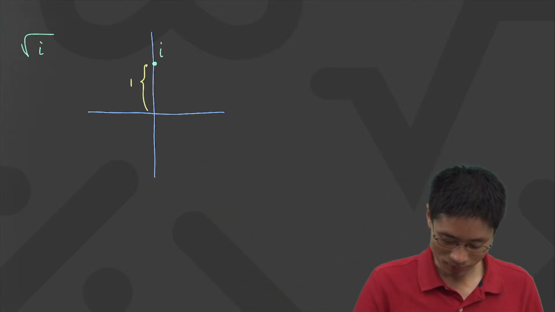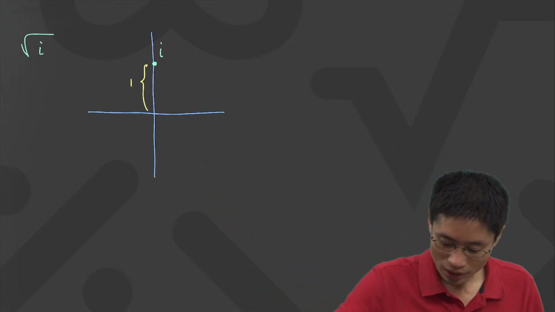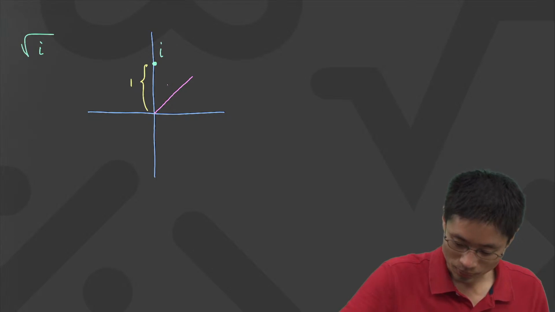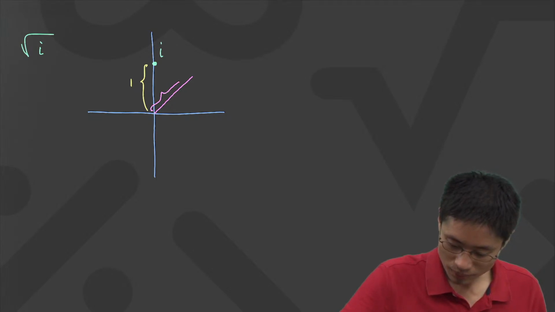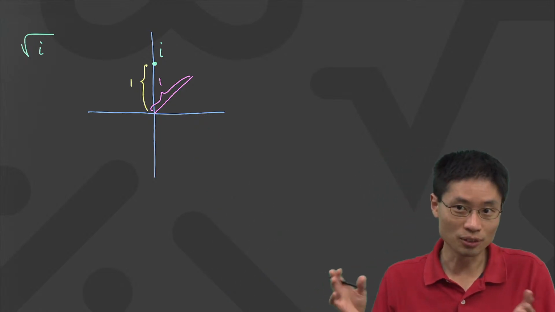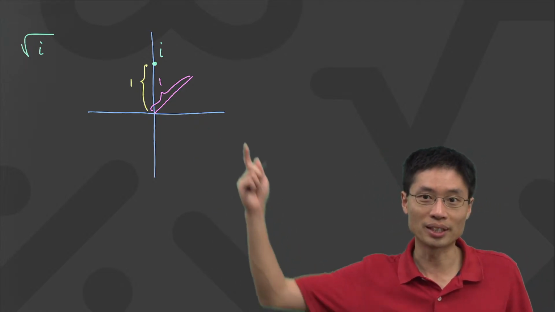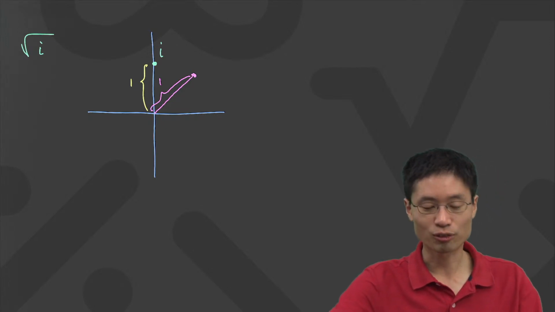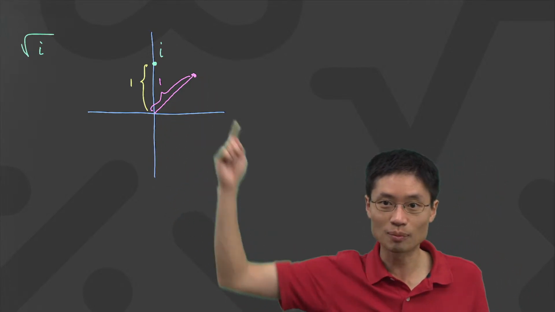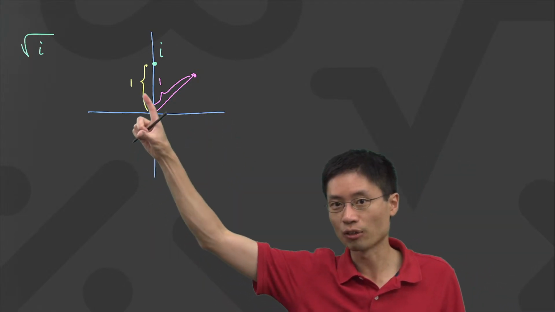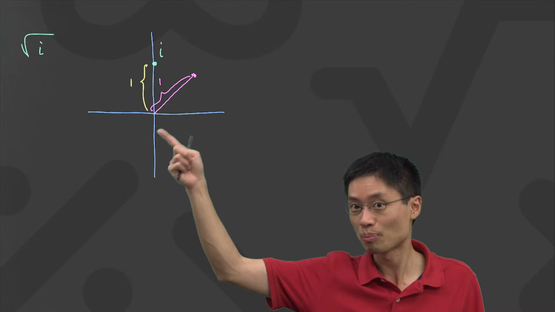So I'm going to intentionally draw another line of length 1, at 45 degrees. Even if you don't understand complex numbers, can you tell me where the tip of this point is? If I go at 45 degrees up, how far across is it, and how far up and down is it, if that hypotenuse is 1?